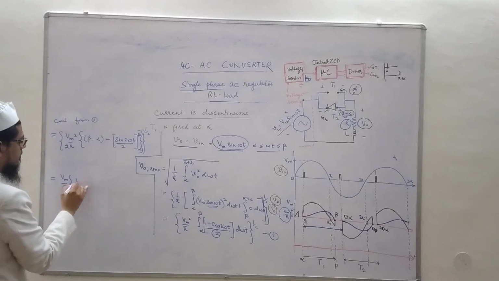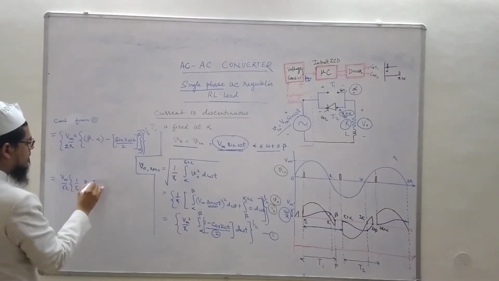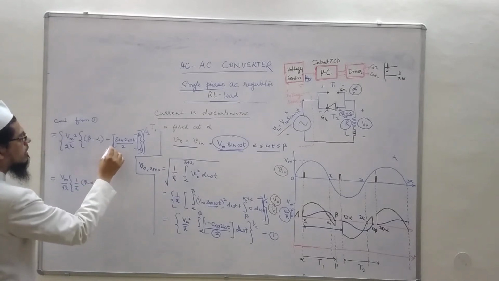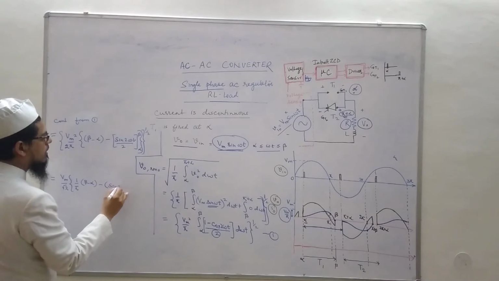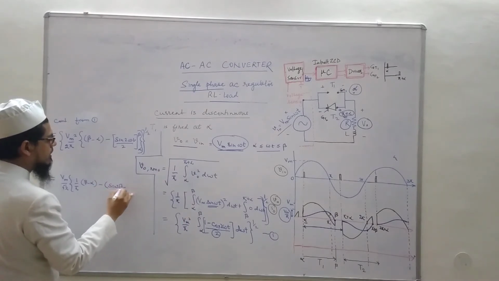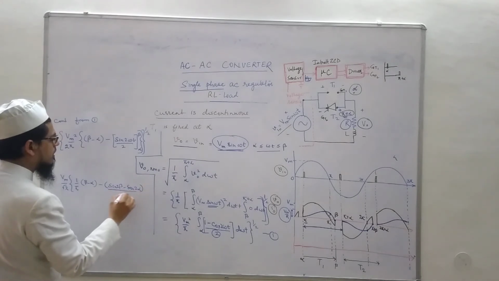We are left with 1 by pi, and then the term is beta minus alpha, and this gives me minus of sin 2 beta minus sin 2 alpha by 2.